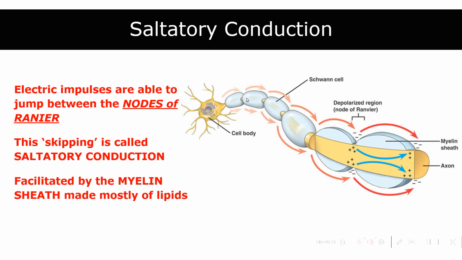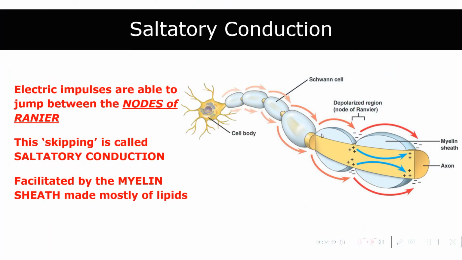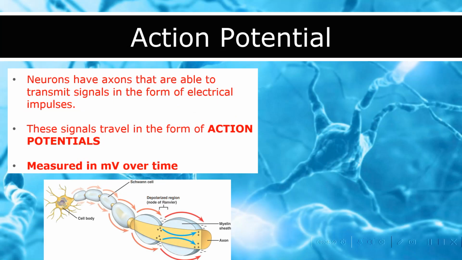This is facilitated by the myelin sheath, which is again made mostly of lipids. And what this is actually able to do is really speed up the signal, as fast as like 100 meters per second, which if you're talking about a cell is really quite remarkable.